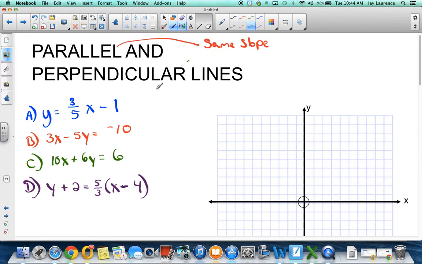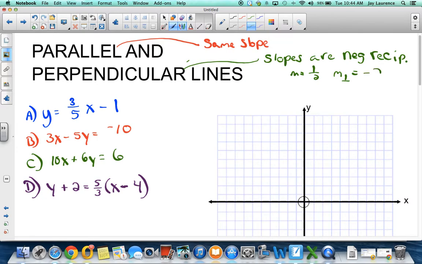Perpendicular lines, their slopes are negative reciprocals of each other. So for example, if the slope equals 1/2, then the perpendicular slope is -2. Okay? In the top one, if the slope is 5, then the parallel slope is, you guessed it, 5.